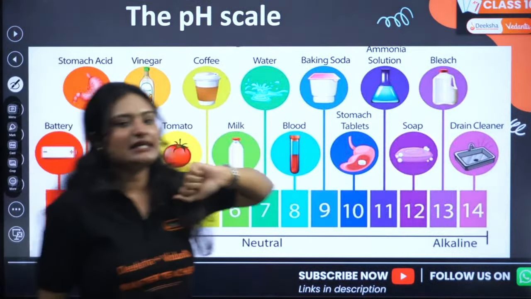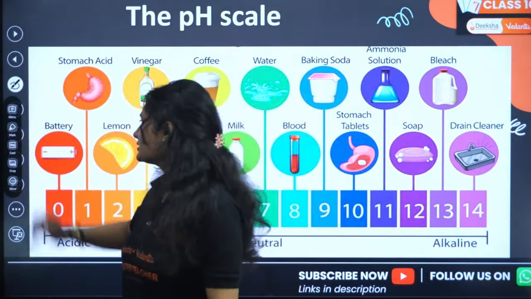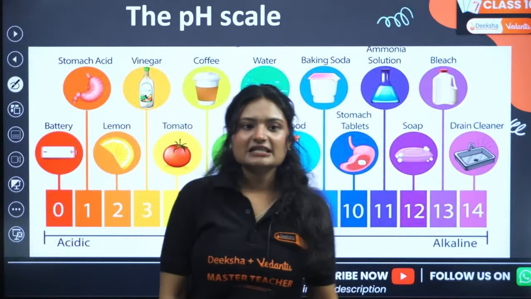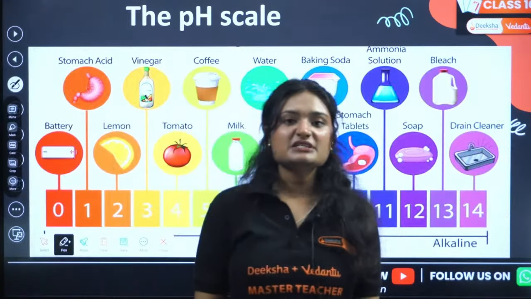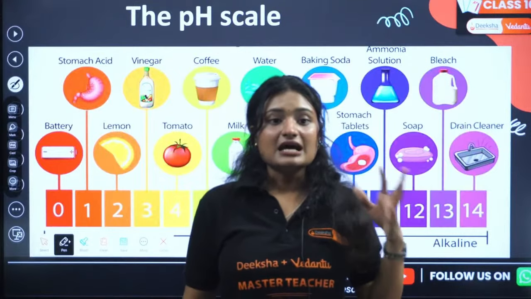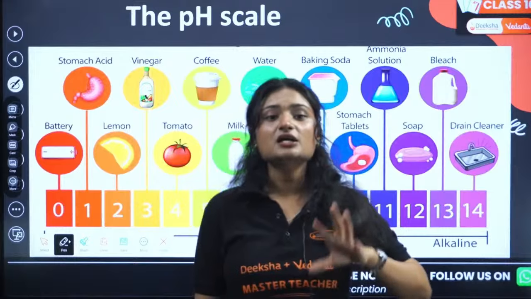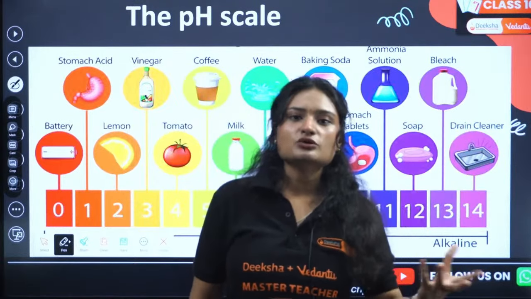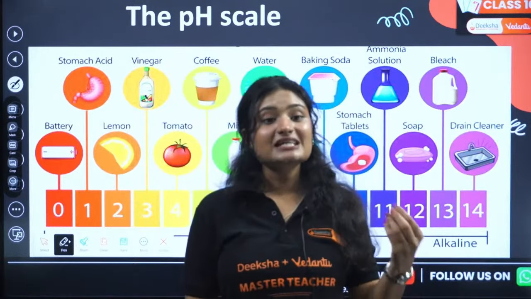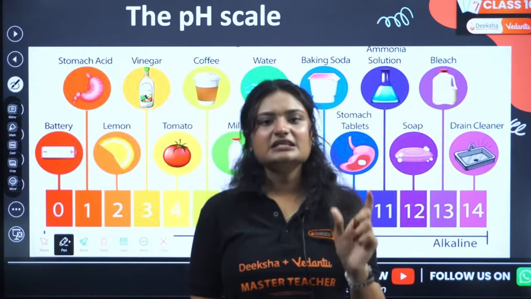The pH scale. Now, what is the pH scale, my dear kids? The pH scale is a scale that is used to represent the acidity or basicity, how much acidic or how much basic a substance is.